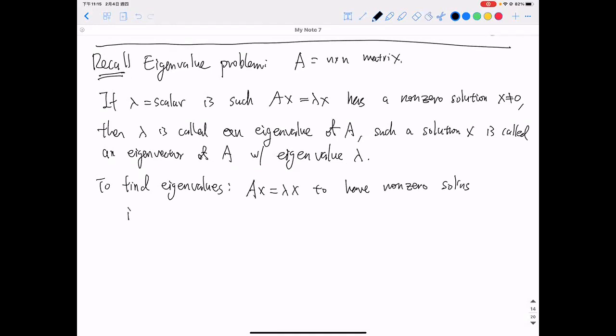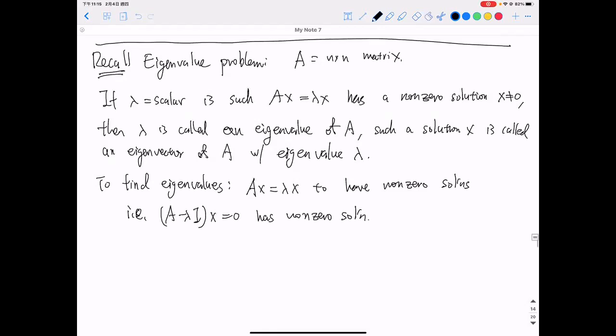That is equivalent to saying that A minus lambda I has a non-zero solution, which is the same thing as saying that this matrix, A minus lambda I, is singular.